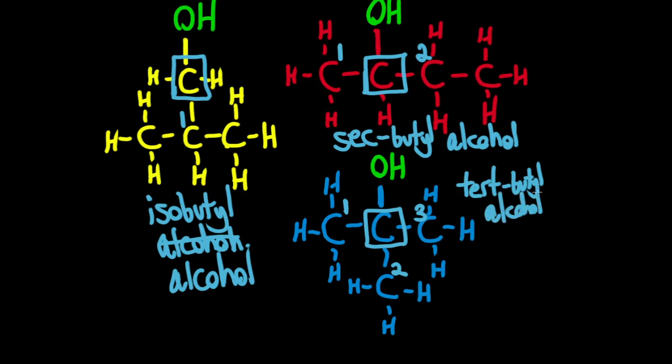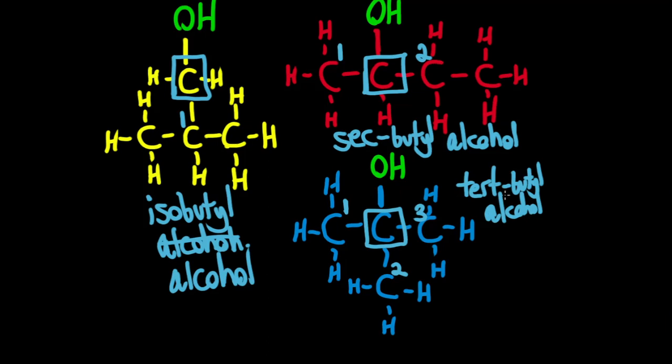So in this case, iso means 1. Isobutyl alcohol: that first carbon is only attached to 1 carbon and then it branches. Sec, or secondary, in this case means that I am attached to 2 different carbons, the first and the second.